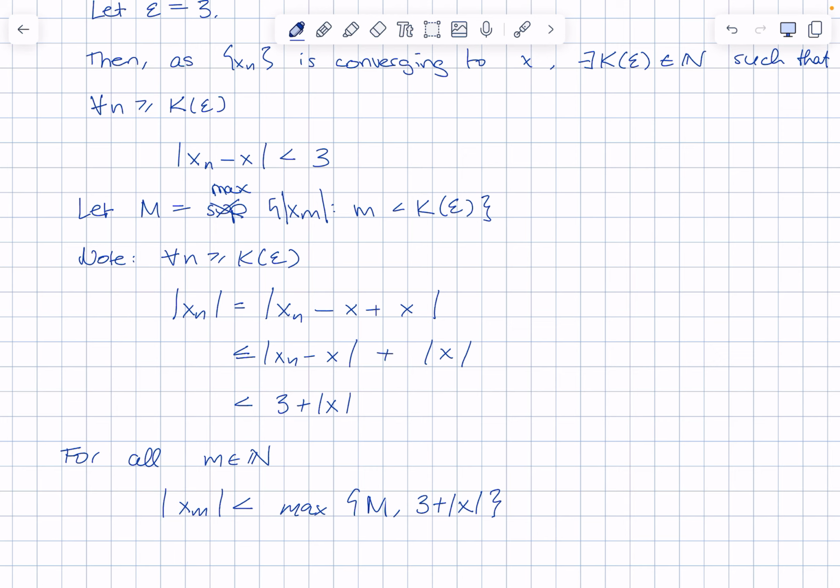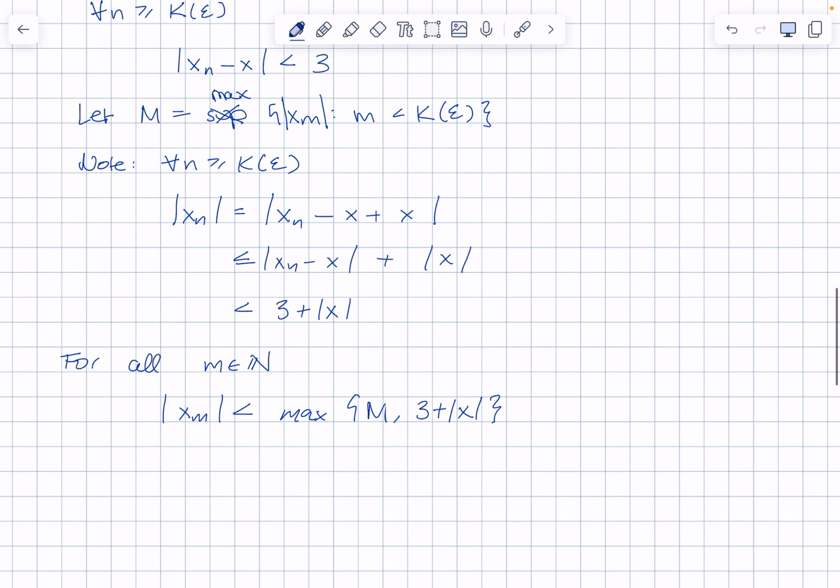I used to see it just as straight up set notation, two things put in a set. And we could take the union of the set containing m and the set containing 3 plus |x|, which makes it a little more complicated. Okay.